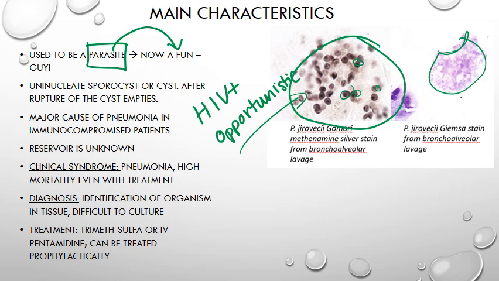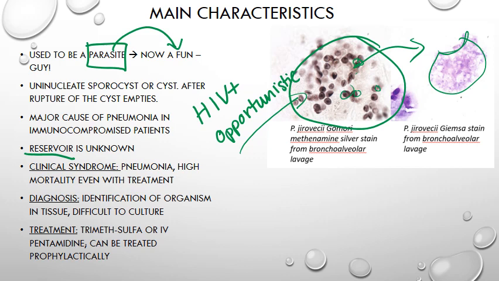It has this parasitic-like life cycle where you've got trophozoites inside the cyst, and they form in the alveolar spaces of the lung, and then the trophozoites multiply to form mature cysts that then rupture, releasing these trophozoites out to create new infection. But where it initially comes from to get into our lungs is somewhat unknown.